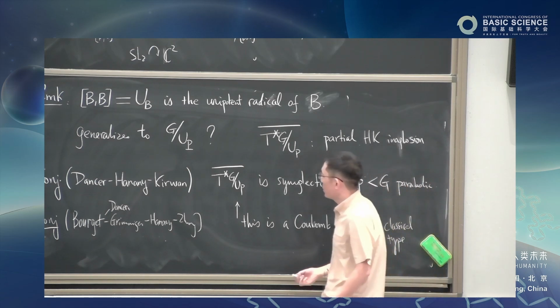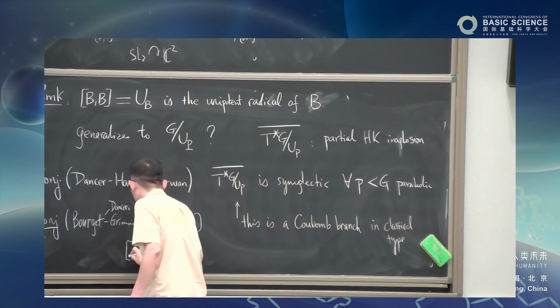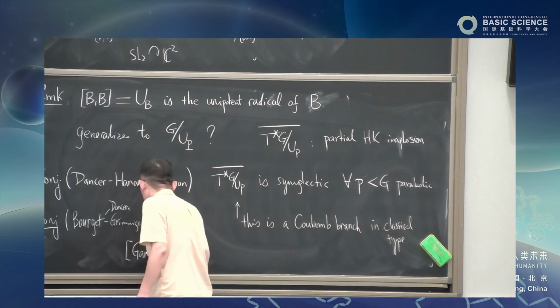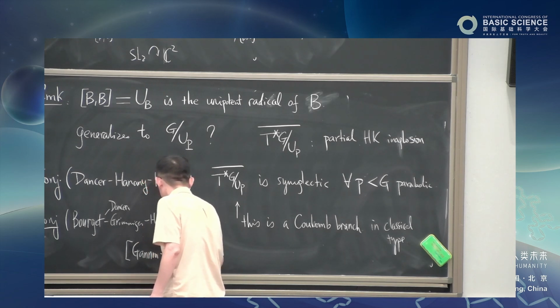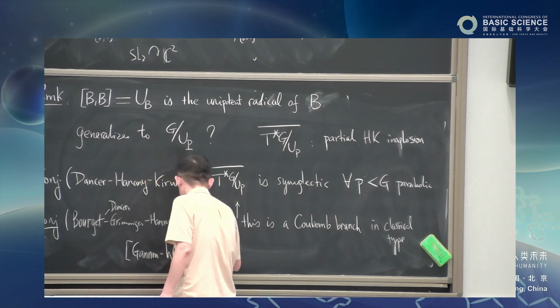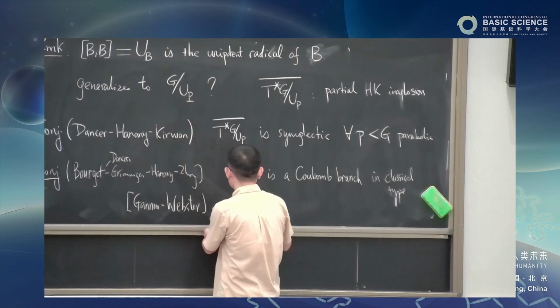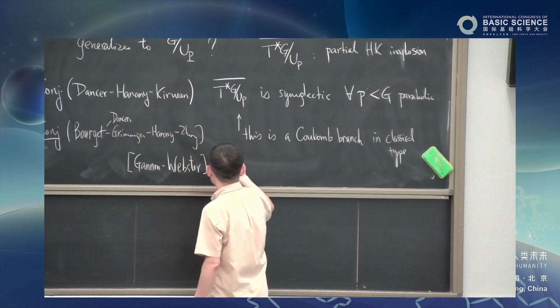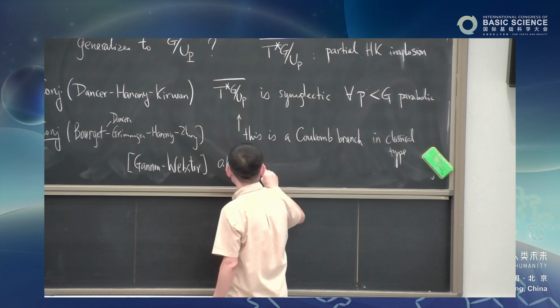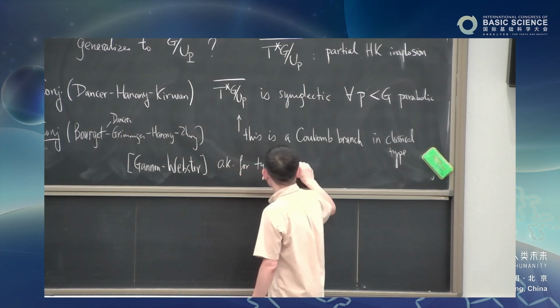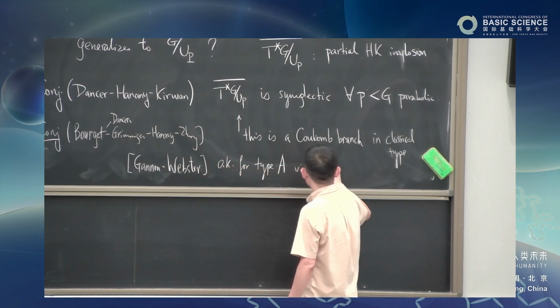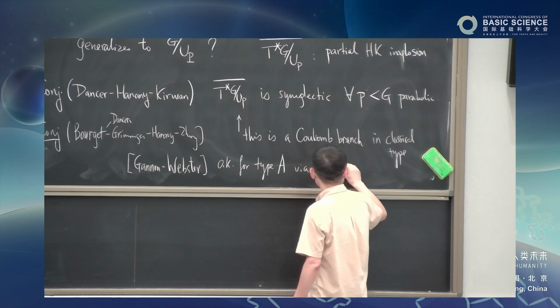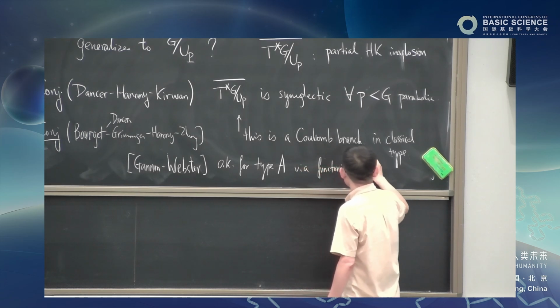And this has been proven in type A. Recently, Gannon and Webster proved this for type A, using functoriality of the Coulomb branch.